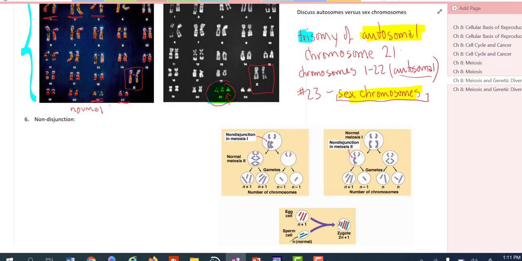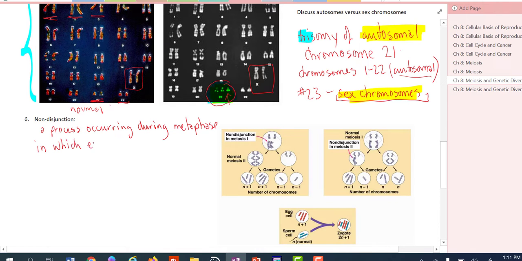Non-disjunction is a process occurring during metaphase in which either homologous chromosomes, I'll abbreviate that, or sister chromatids do not separate.